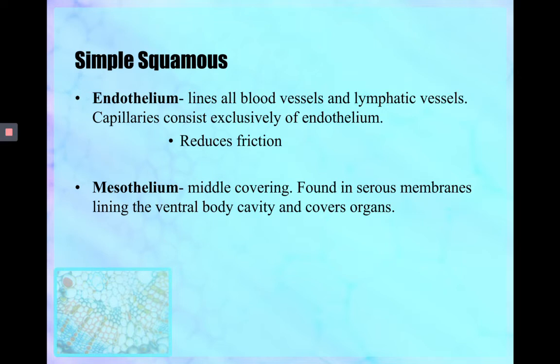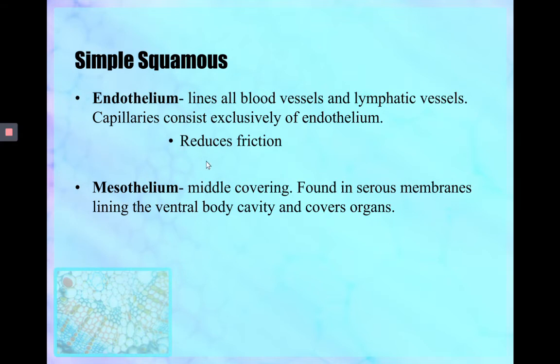Endothelium cells that line blood vessels and lymphatic vessels are very flat and smooth. So for example, as blood flows from the heart to blood vessels, the flat and smooth layers are going to ensure that no friction or bumps or interruptions into blood flow or lymph fluid flow are introduced.